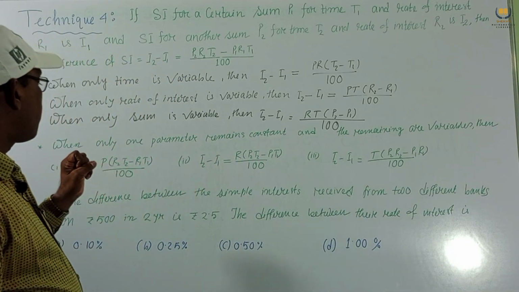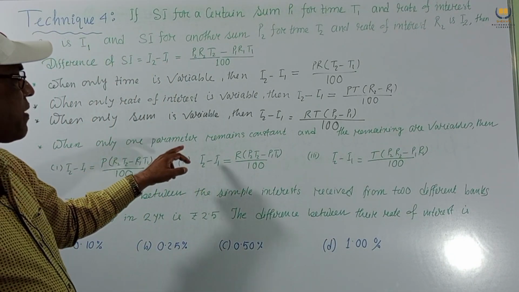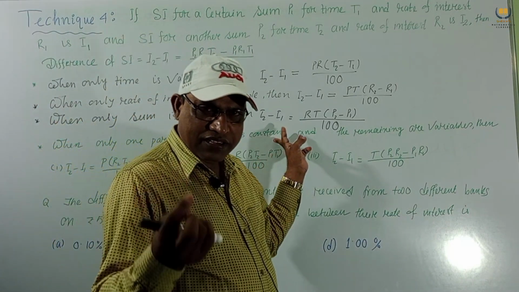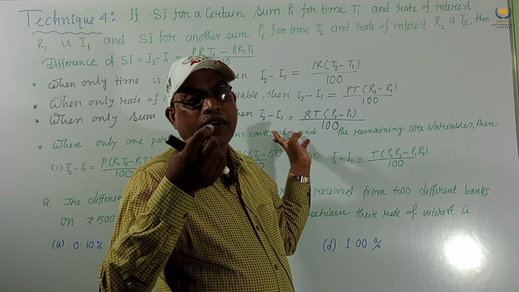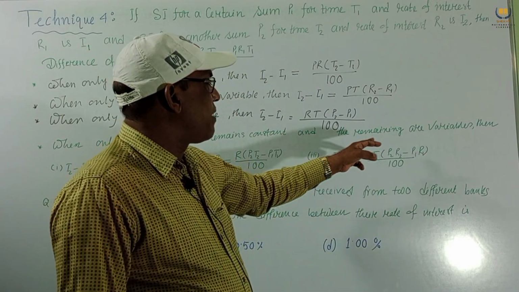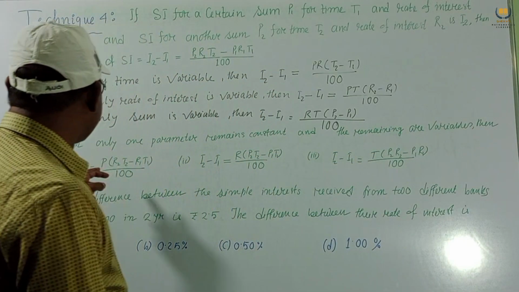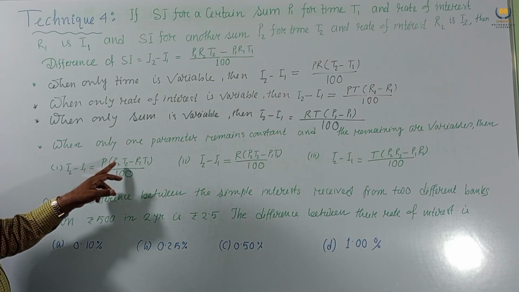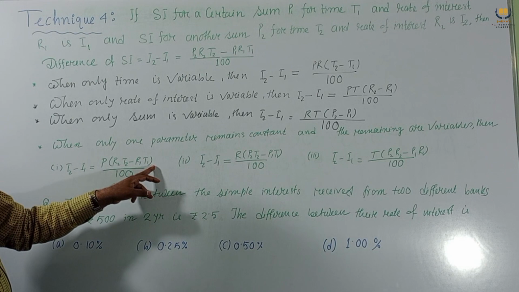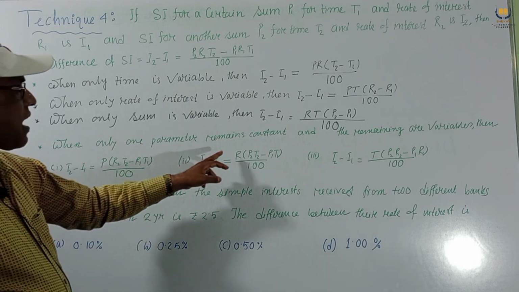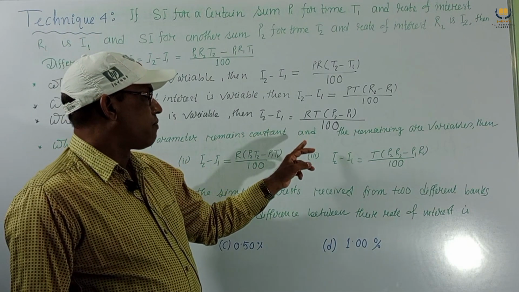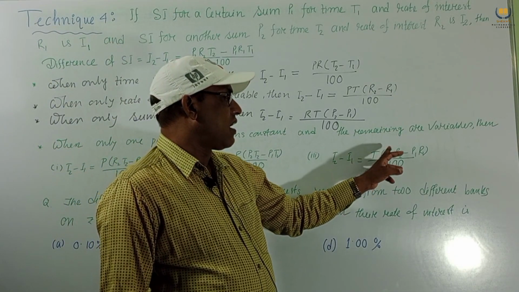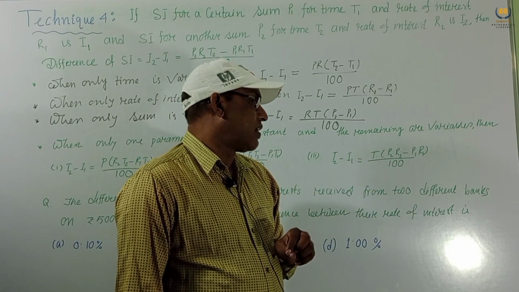If one parameter remains constant, either sum, time or rate, and the remaining are variables, then I2 minus I1 equals P (R2 T2 minus R1 T1) by 100, and R (P2 T2 minus P1 T1) by 100, and T (P2 R2 minus P1 R1) by 100.